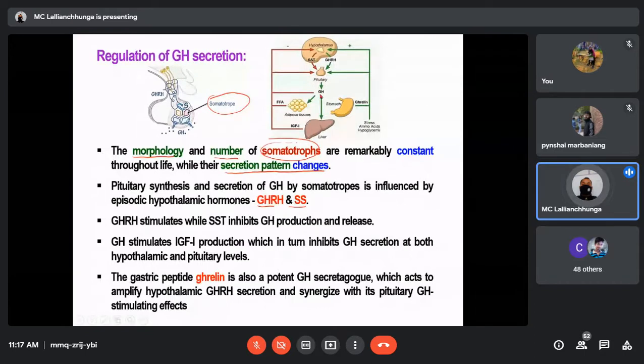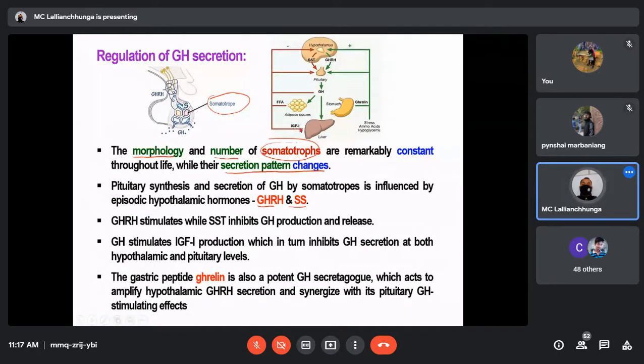Now GH secretion has increased, and its main function, as I told you, is that directly it will cause lipolysis of triglycerides. That means more production of free fatty acid, so the free fatty acid concentration in the blood will increase. Another function is that GH will influence the liver to produce IGF-1.